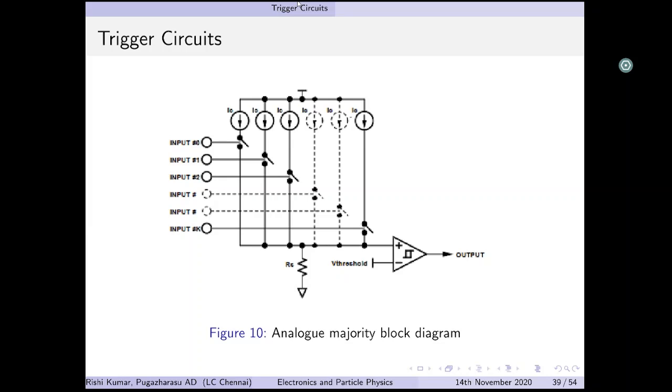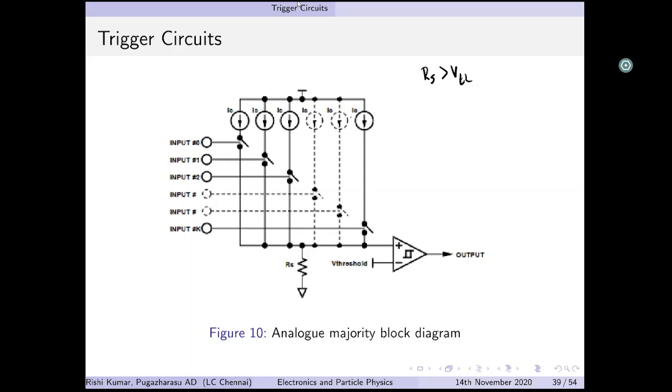All it does is take one summing resistor RS and connect one current generator to it. So when you have RS larger than V threshold at the comparator point, the comparator output becomes active. If your RS is greater than your VTH, then your comparator becomes active.